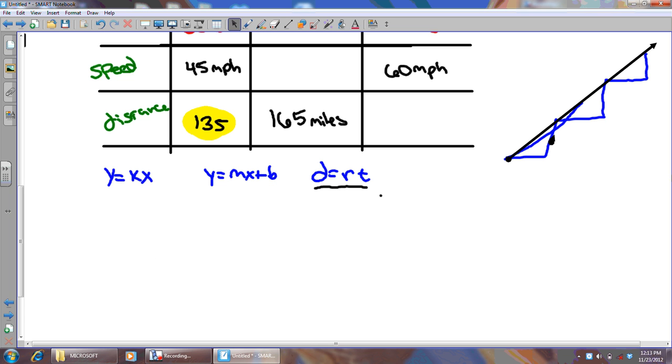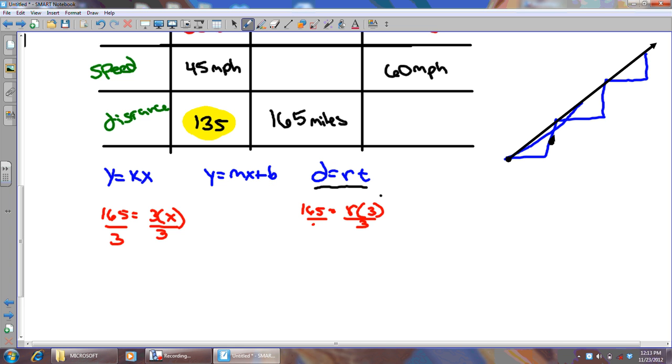Okay, in Sue's case, we know she's gone 165 miles. We know that she's going to drive for 3 hours, but we don't know how fast she's going. We're going to divide by 3. If we did it over here, we'd have the distance, 165, that would equal the rate, which we don't know, times 3 hours, and we divide by 3.